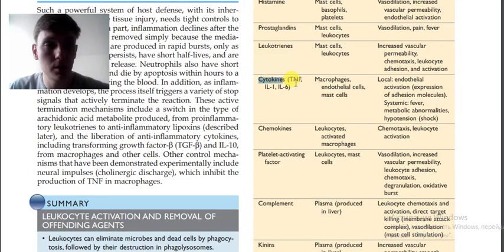Then cytokines. Cytokines are more specific molecules produced by macrophages, endothelial cells or mast cells. They have their functions, and according to their names we can conclude what they do. Like TNF, interleukin 1, and interleukin 6.